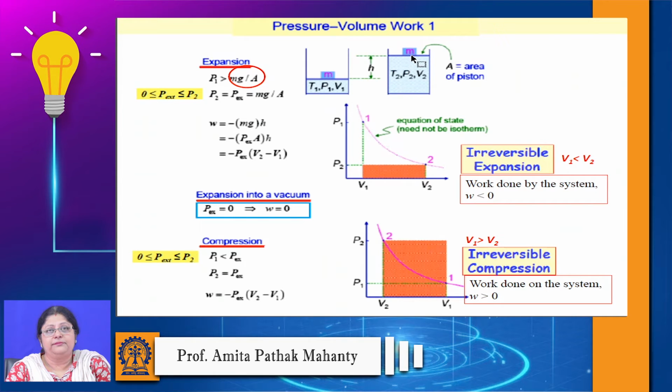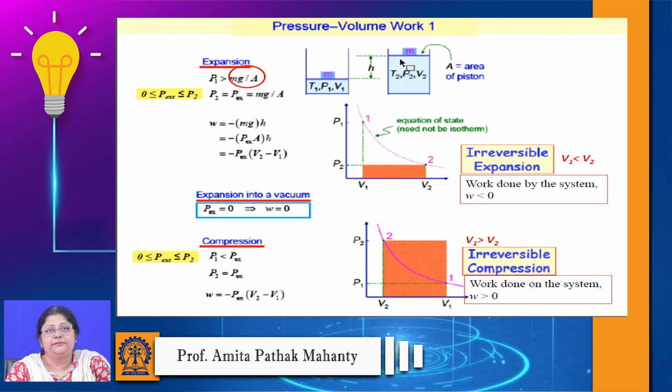So P external becomes P2 when the pressure inside the gas is balancing the weight of the sandbag sitting on the lid.